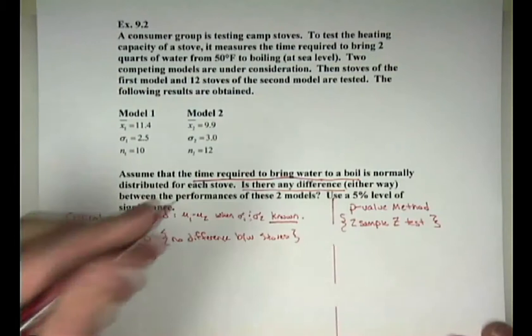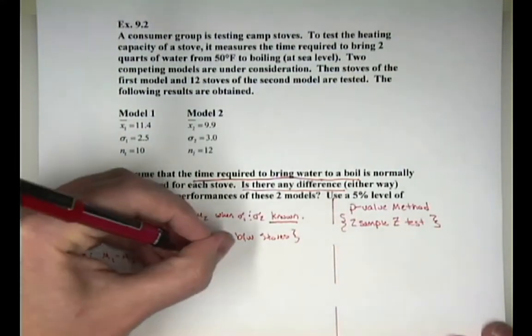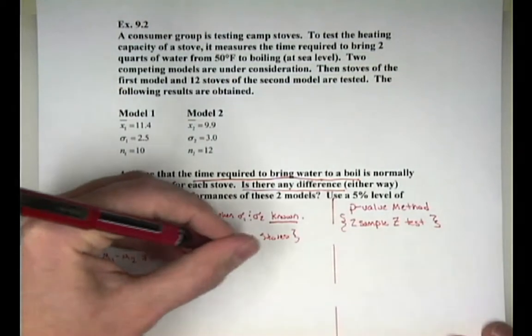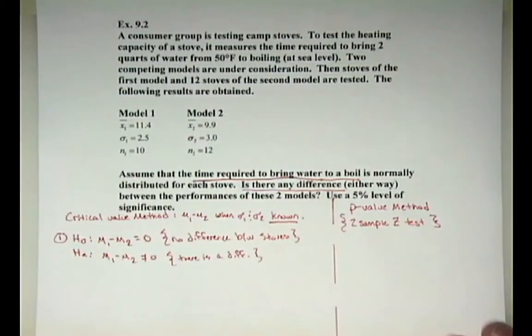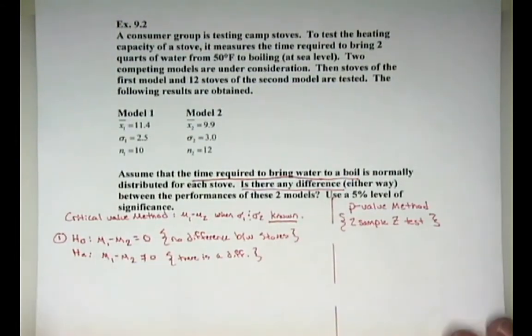And the second one means, of course, there is a difference. Okay? You could also set it up mu1 equals mu2 and mu1 not equal to mu2, depending on which textbook you're working with.